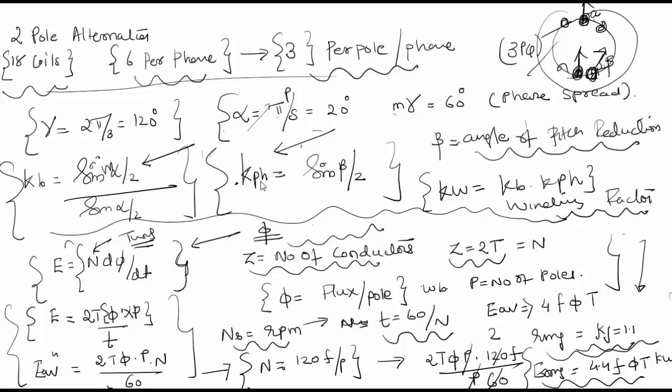So this is how to approximately derive for the RMS value of voltage generated in any phase. So this is ERMS per phase which is generated, which can be given by this equation.